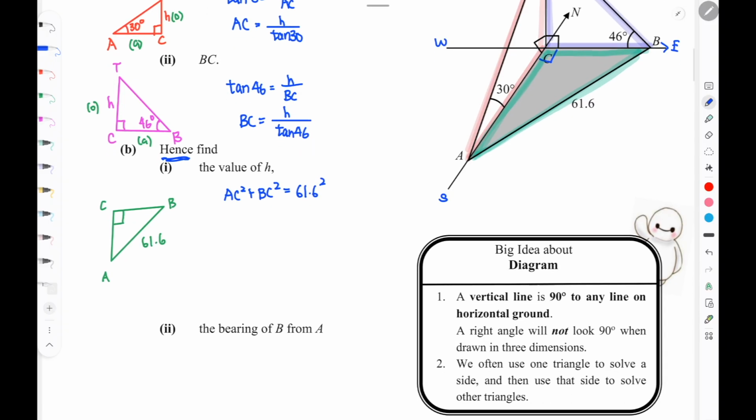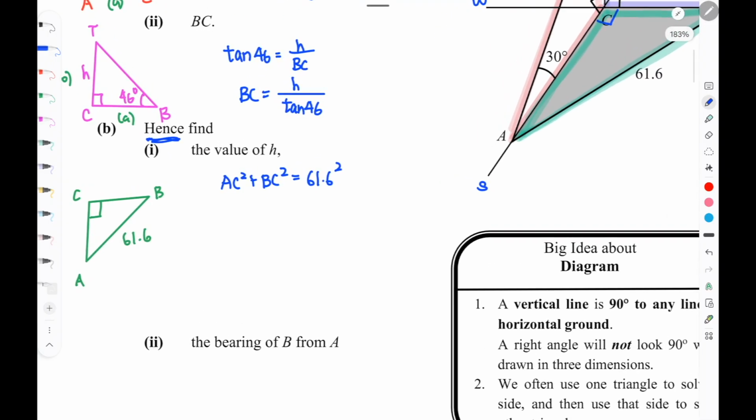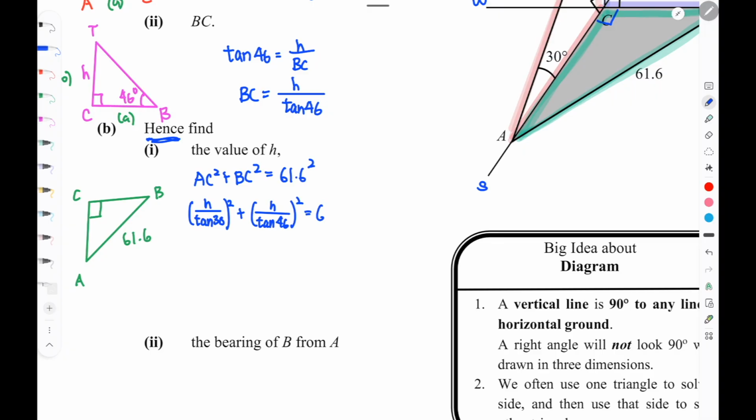Now I substitute what I know from the previous part. Over here I have to write slightly smaller. So AC is H over tangent 30 square plus H over tangent 46 square equals to 61.6 square.